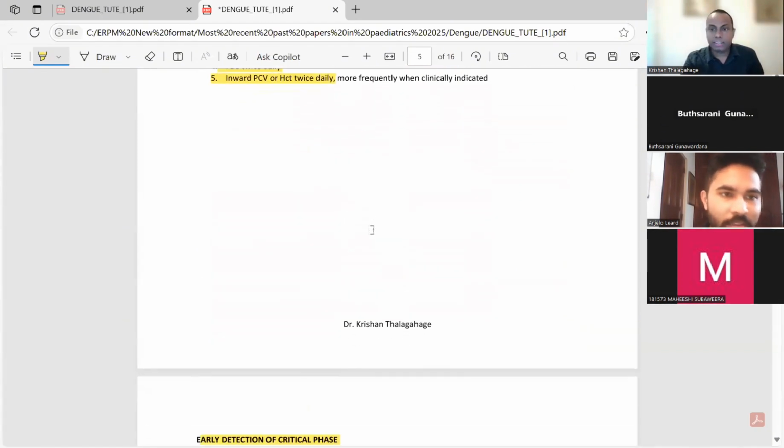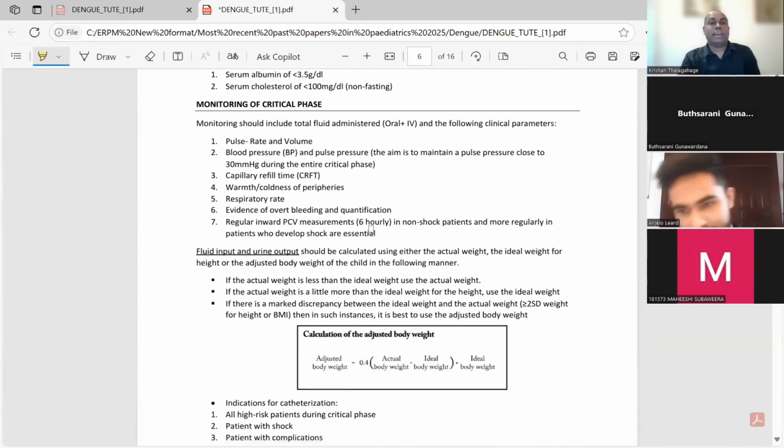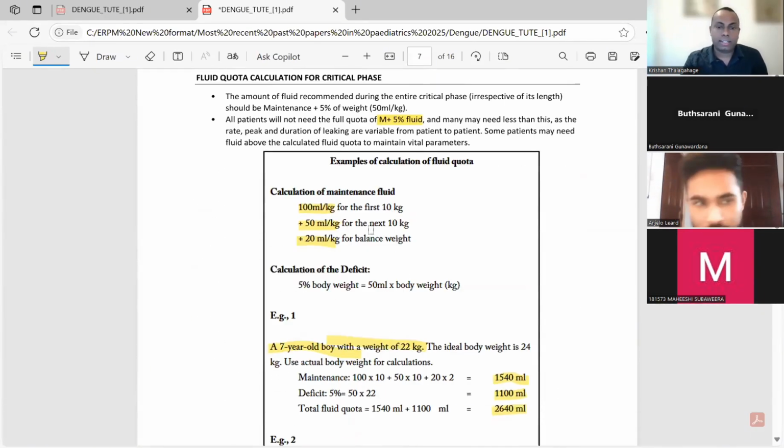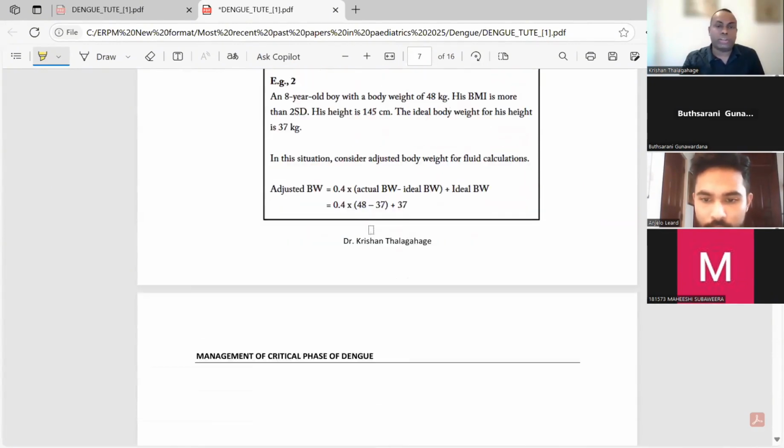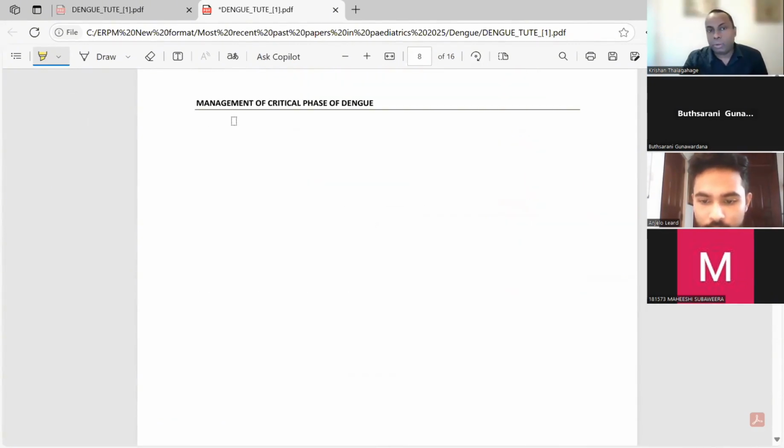Was that clear? Excellent. Thank you for asking that question. So, management of the critical phase: fluid quota is needed, within brackets, maintenance plus 5% deficit.